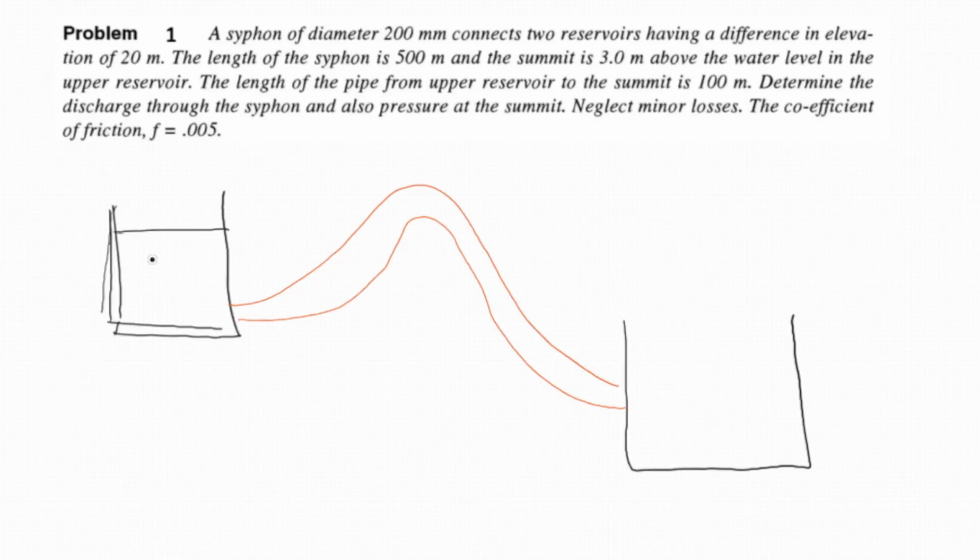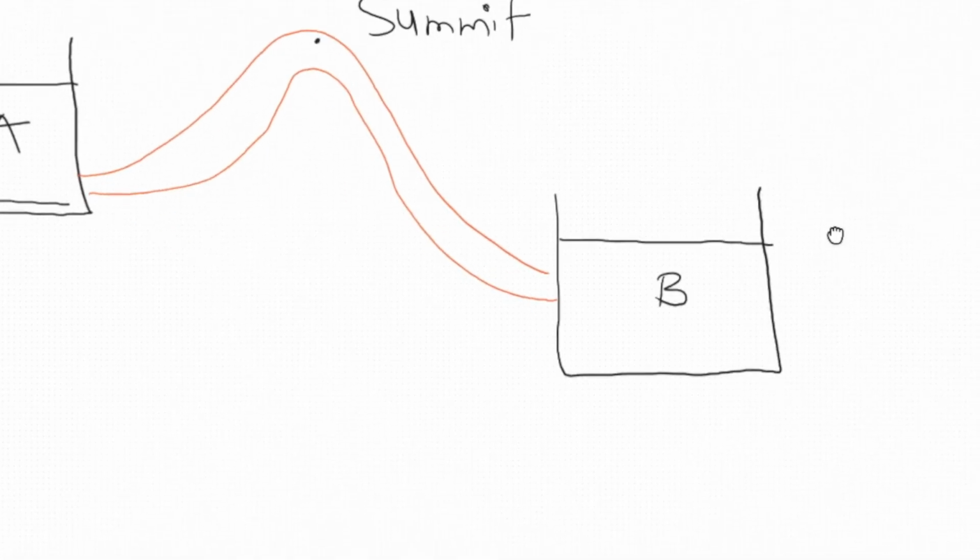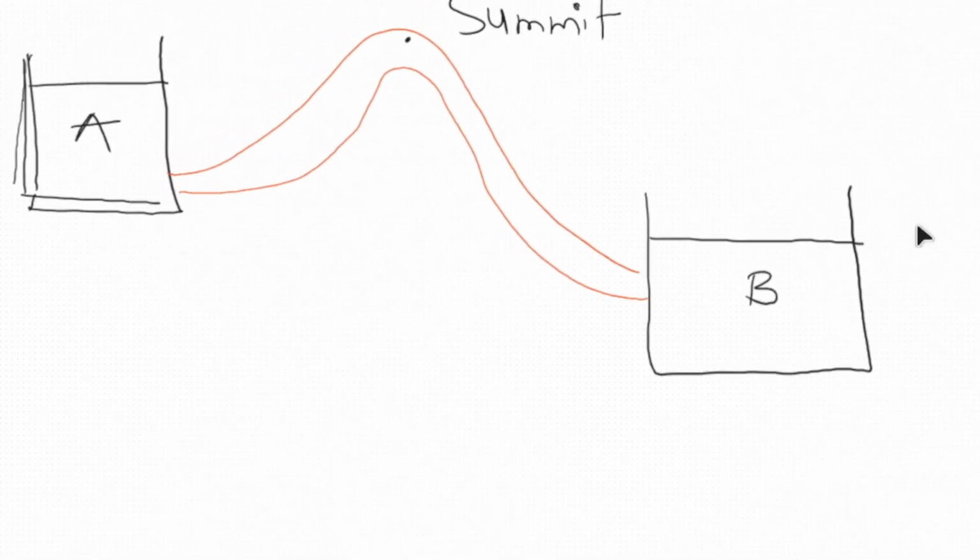So we'll note it down, reservoir A, and this is reservoir B, and this is the point of summit. Okay, so as per the numerical, we can easily understand what things are given.